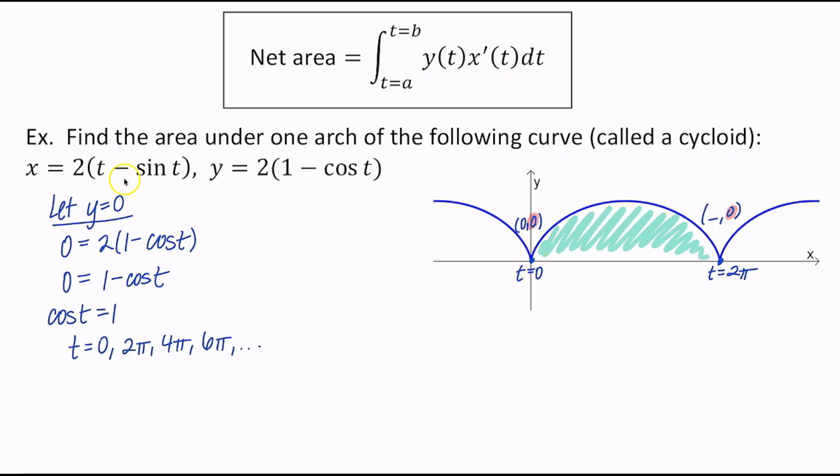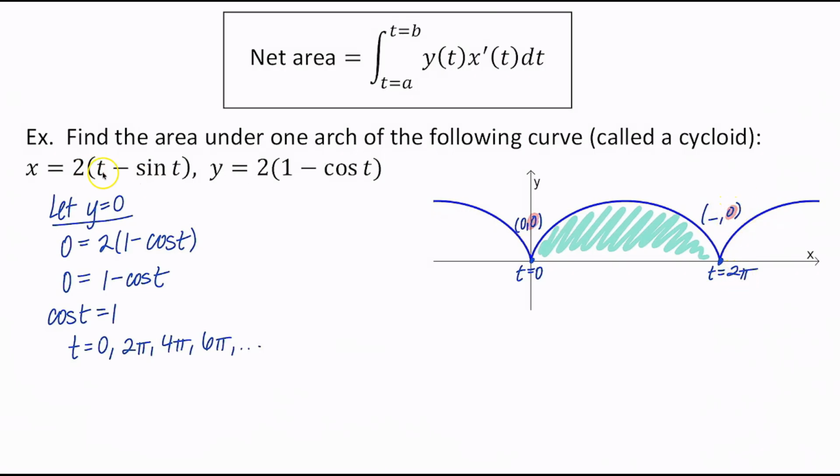We can quickly check here. If I let t equal 0, I'm going to have 0 minus sine of 0, which is 0. So x is 0. And then 1 minus cosine of 0. Cosine of 0 is 1. 1 minus 1 is 0. So yes, it does turn out that this is t equals 0. And then t equals 2π, we know the y value is going to be 0.